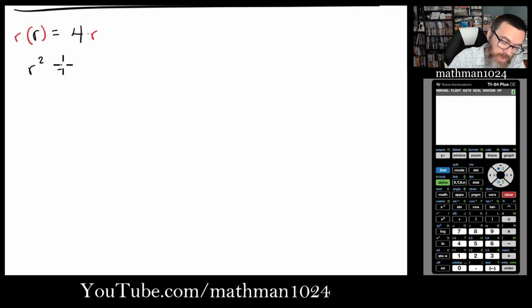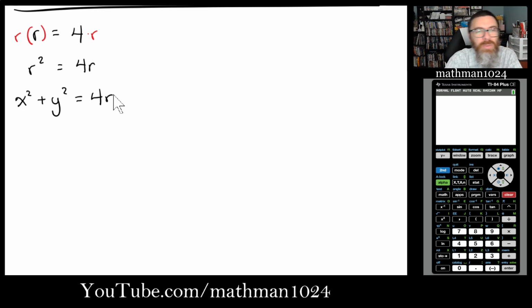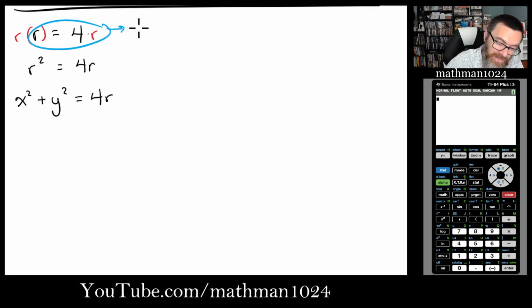So we have r squared is equal to 4r. And just like the previous example, we know that we can rewrite r squared as x squared plus y squared. But what about that extra r that's over there?